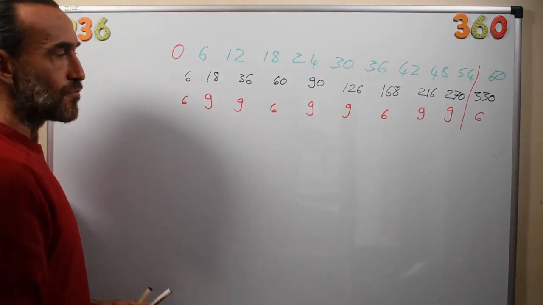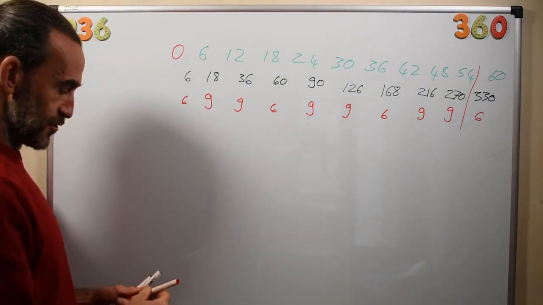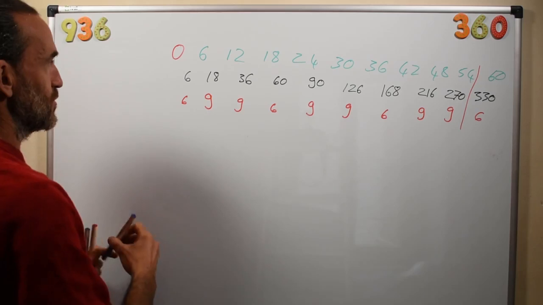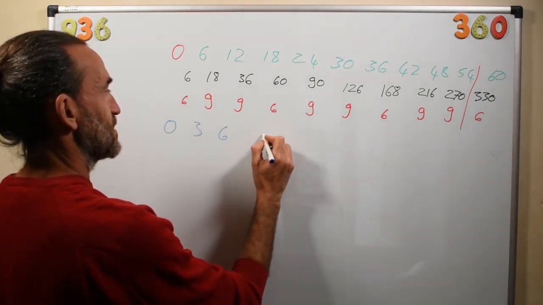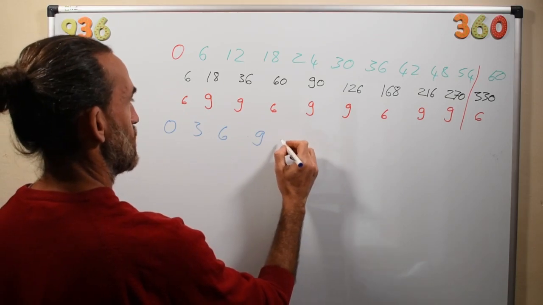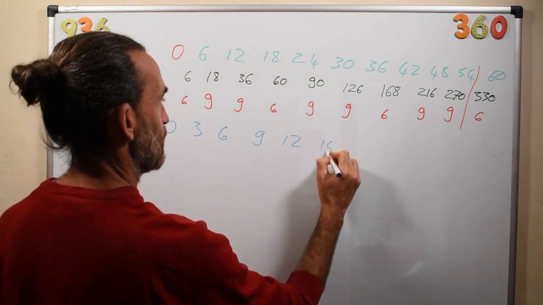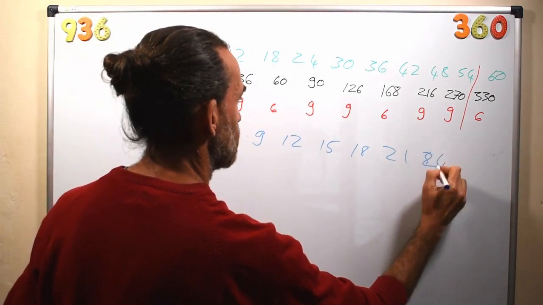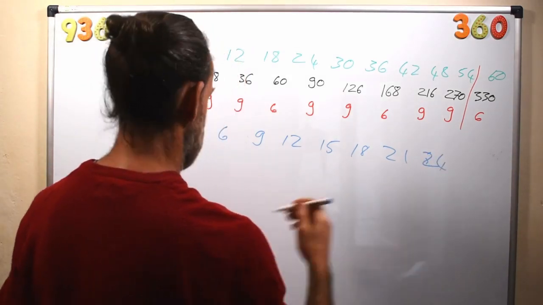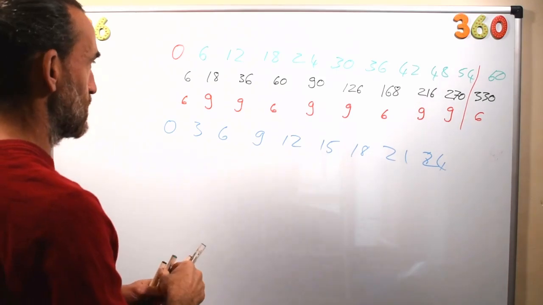I can also tell you that if we did the 3 times table, we'll do some of it quickly. 3, 6, 9, 12, 15, 18, 21, 24. Okay, that'll do, just to see the pattern.